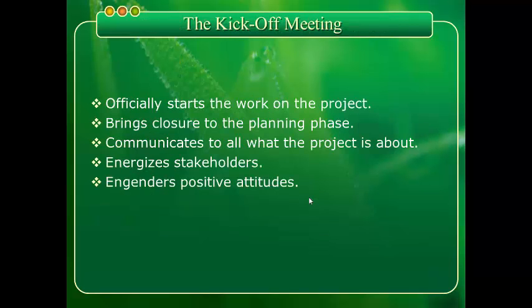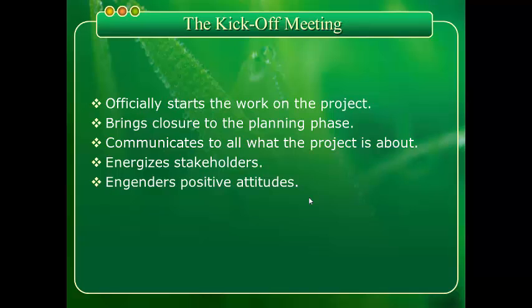Then the kickoff meeting. We're almost done. So what is included in what we call the kickoff meeting? Officially, let's start the work on the project. Then, after starting the work on the project, we bring closure to the planning phase.